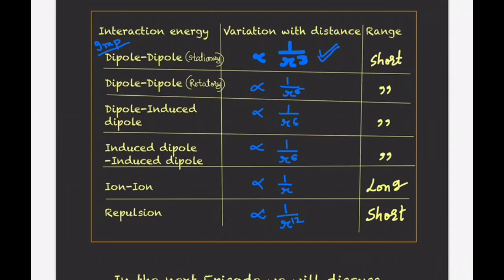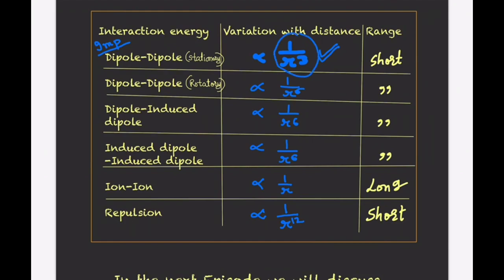If the atom or molecule exists in a stationary state, like in ice, where water is stationary because it is existing in solid state, in those cases, where the molecule is stationary, it is found that the interactive force is directly proportional to 1 upon r to the power 3.